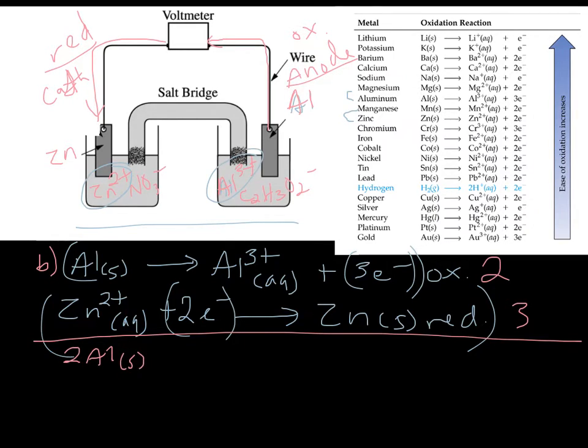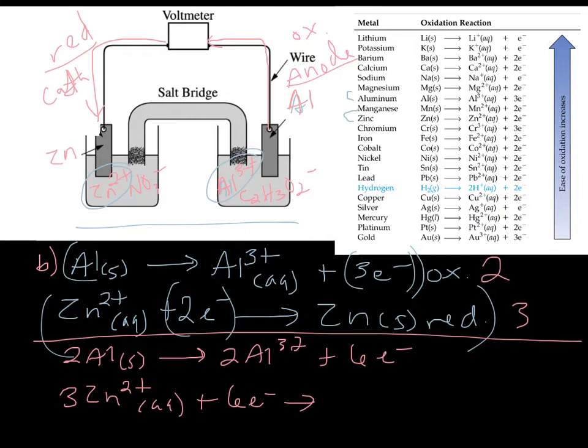Not added up just yet: 2Al goes to 2Al3+ plus 6 electrons. And for my other, I get 3 Zn2+ aqueous plus 6 electrons going to 3 solid zinc. My electrons cancel, and now I would simplify and add these two up.